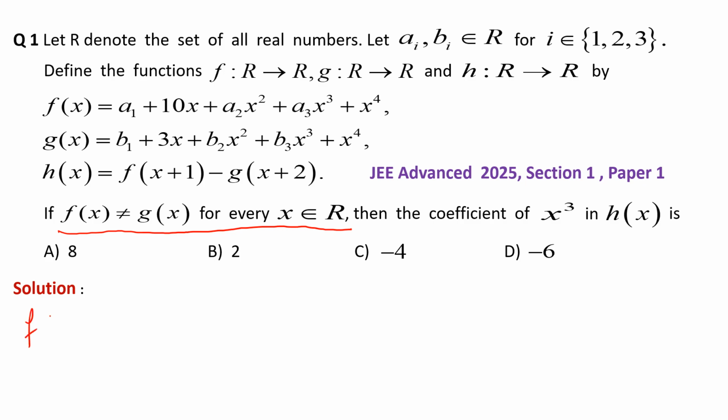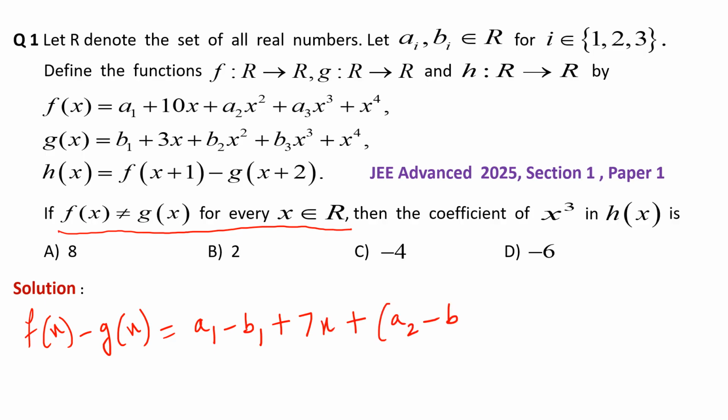Now let us find the function f of x minus g of x. It becomes equal to a1 minus b1 plus 7x plus a2 minus b2 into x square plus a3 minus b3 into x cube.